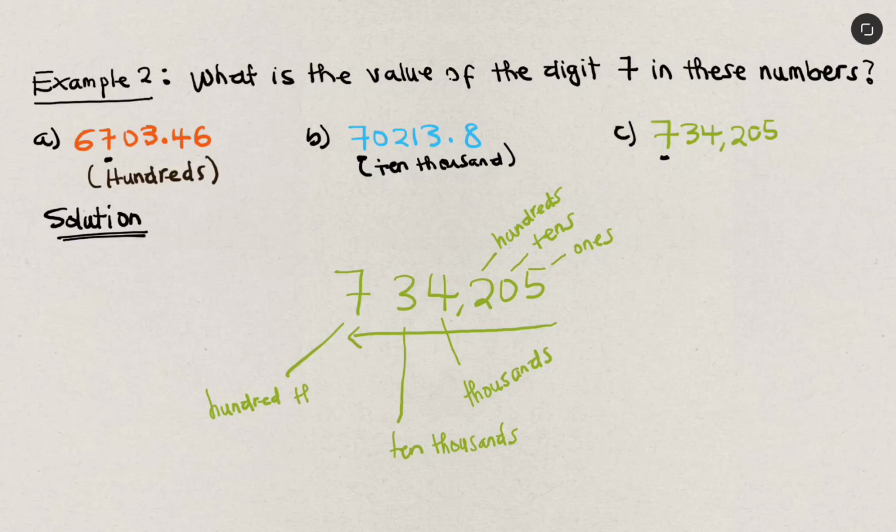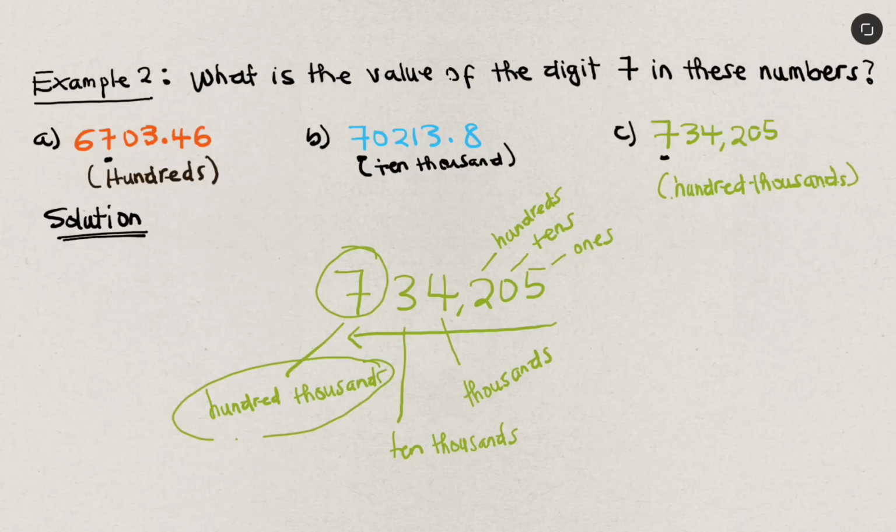So the 7 is occupying the 100,000s position, and so that becomes our place value. So the place value of 7 in this number is the 100,000s.